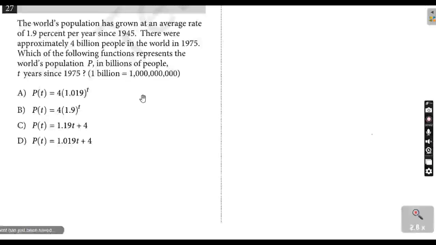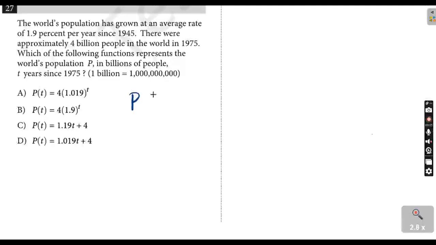Now, there is a question that we need to ask. How are we going to know if this kind of question is exponential or linear? Because for questions on population in SAT, there are 2 forms.